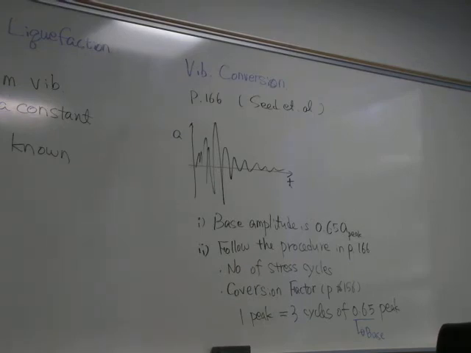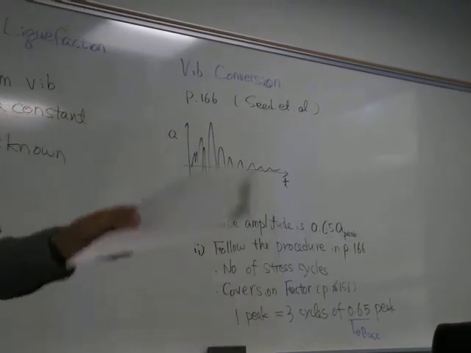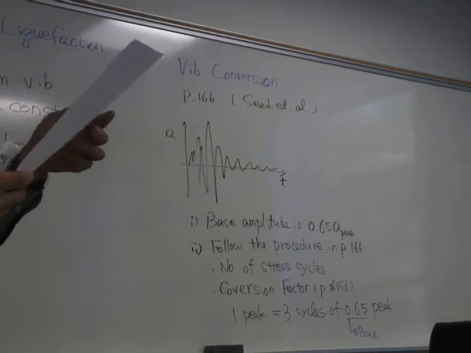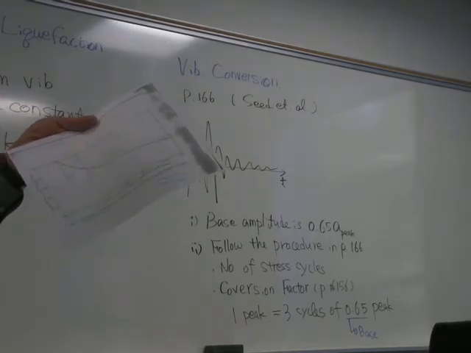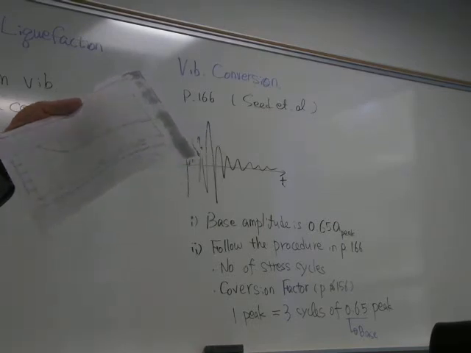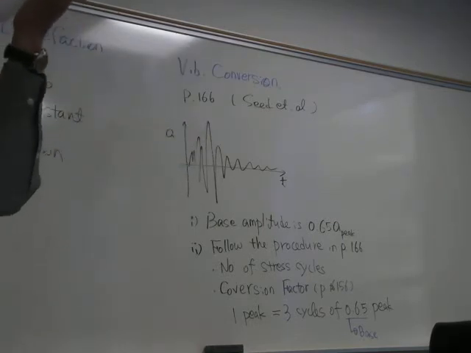Somewhere around 0.02, correct? And again, using this chart, figure 7, let's try to find out the conversion factor from 0.55 tau max, 0.55.